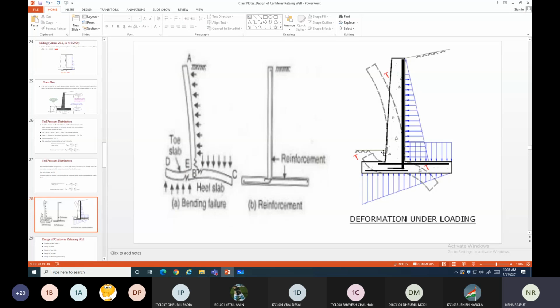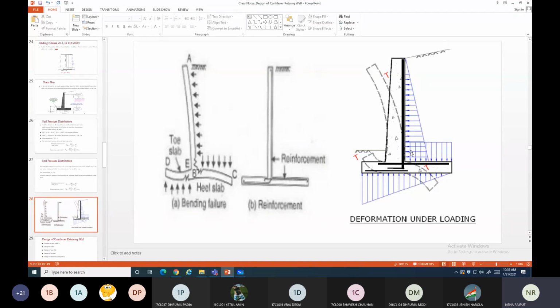So now the deflection shape of retaining wall is somewhat like this for each and every part. Due to this active pressure, this stem part behaves like a cantilever which is fixed at the base slab and free at the top, and the behavior of cantilever is like this. So आपको ऐसा एक deflection shape होगा stem का.